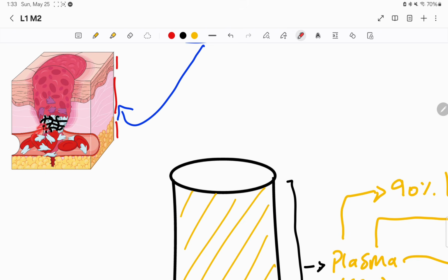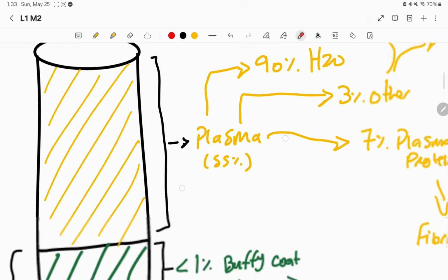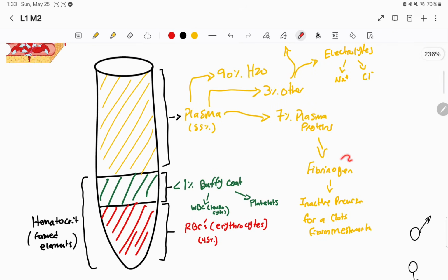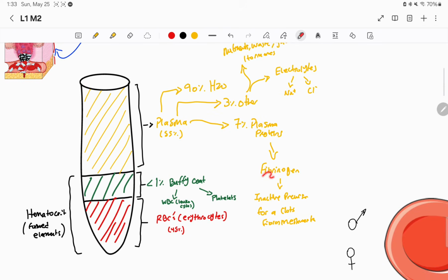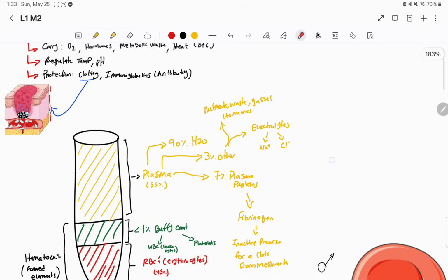Well, that fibrin is originating from this guy, fibrinogen. Okay? Fibrinogen is just an inactive precursor of fibrin, right? Great. But during situations where a blood clot is needed, fibrinogen will become activated and be turned into fibrin. Okay? Great.